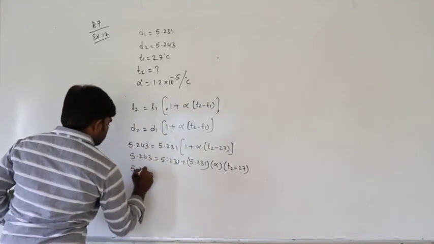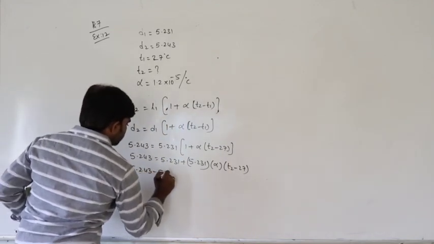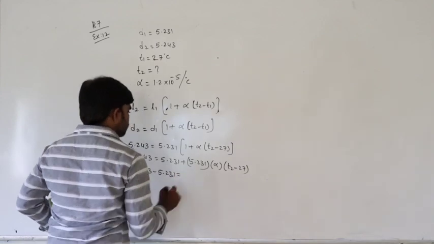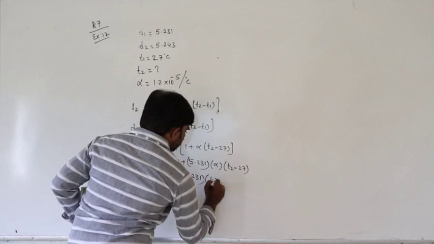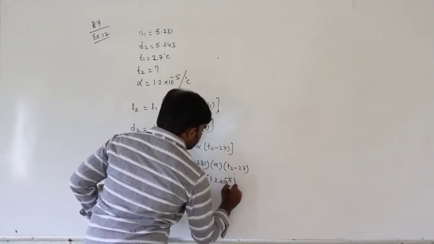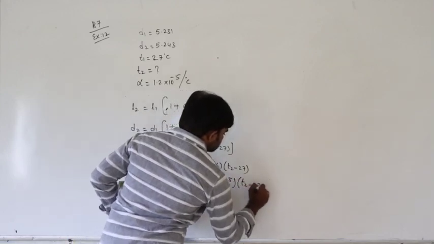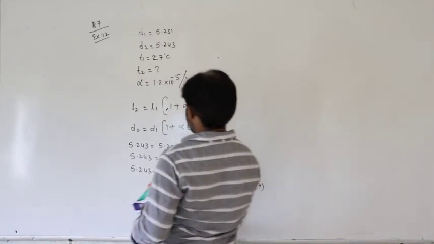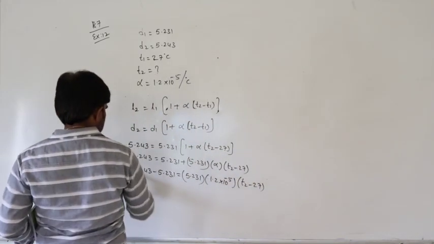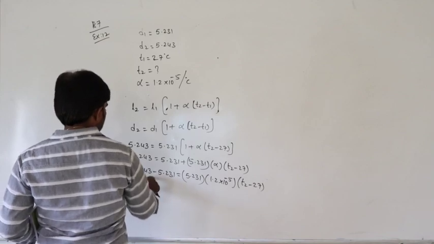So 5.243 is equal to 5.231 plus 5.231 into alpha into T2 minus 27. So 5.243 minus 5.231 is equal to 5.231 into alpha, 1.2 into 10 to the power of minus 5, into T2 minus 27. 5.243 minus 5.231 is 0.012.